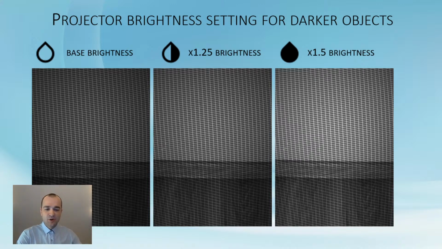But if some objects are just absorbing too much light, if we're talking about dark objects, or if the lighting conditions are unfavorable and the scanner has problems detecting the grid, you can always go to this black droplet, which increases the brightness of the grid by 50%. But even this might not help in case of glossy surfaces, for example.